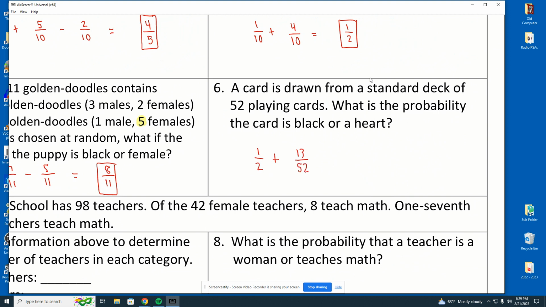So you could have put 26 out of 52, plus you have 13 out of 52. Do you have any that are both black and hearts? No, there's no overlap because hearts are red. So there's no way they're black. So it's simply 1/2 plus 13 out of 52, or 1/4, is 3 out of 4. A 3 out of 4 chance.